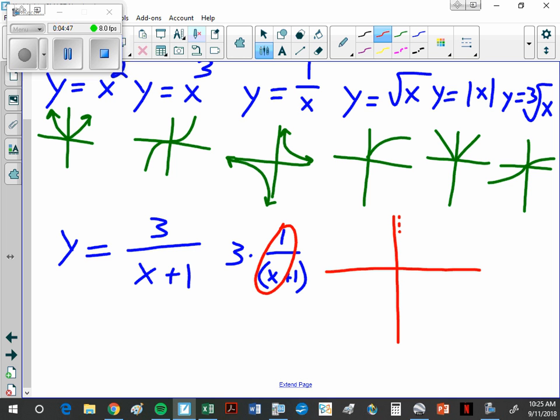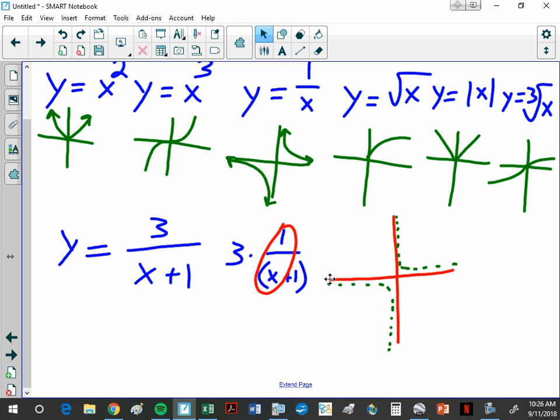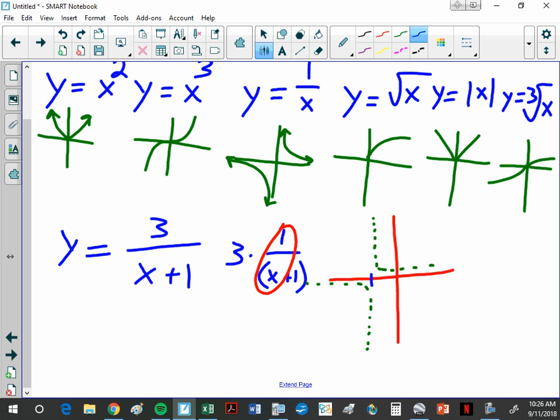So the original graph looks like this. Actually, let's do it this way. So the original graph looks something like this. And I'm going to move that graph left 1. Okay. Then I need to make it taller, which means everything moves 3 times further from the x-axis.